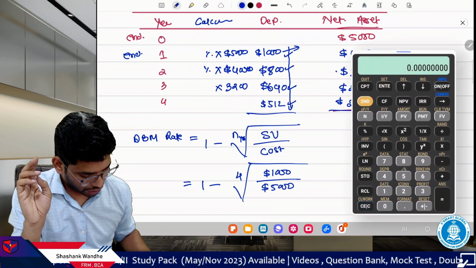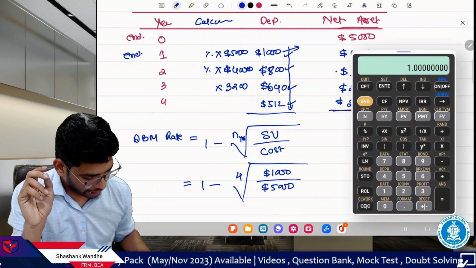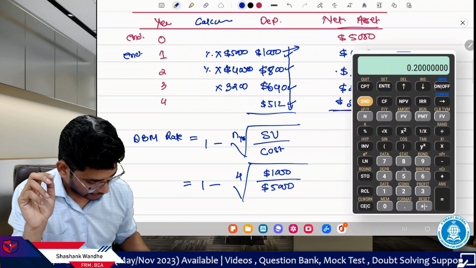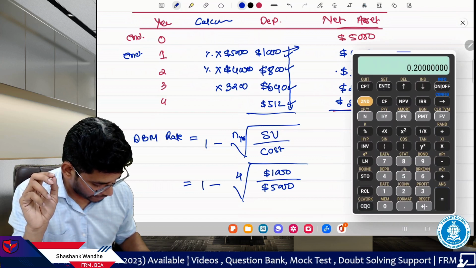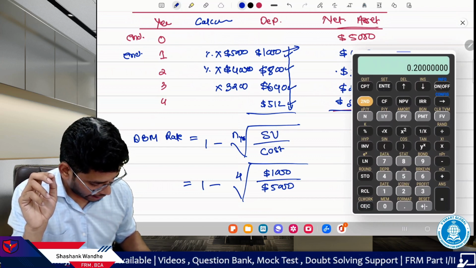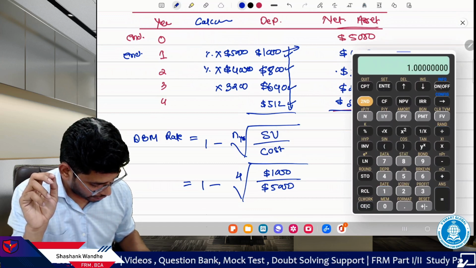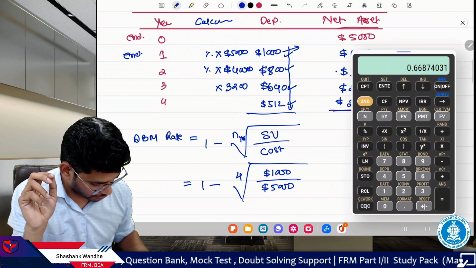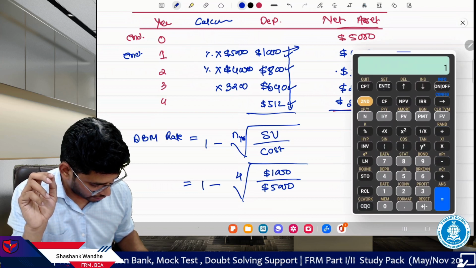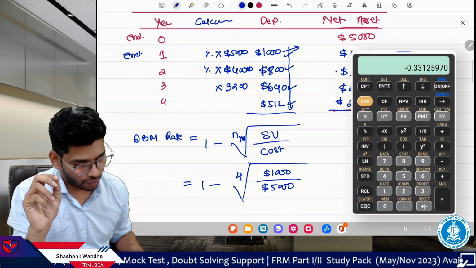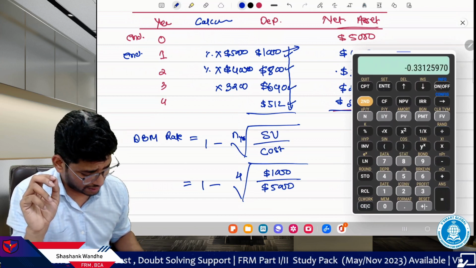So let's do the calculation. 1 divided by 5, then y to the power x, bracket open, 1 divided by 4, bracket close, is equal to, then minus 1 is equal to 33.1259%.